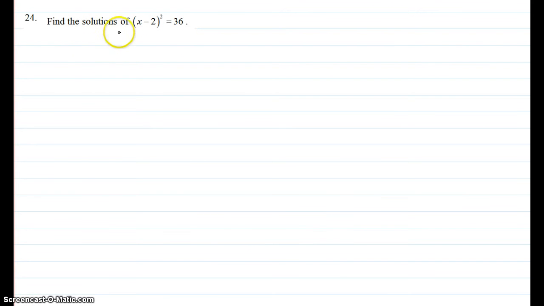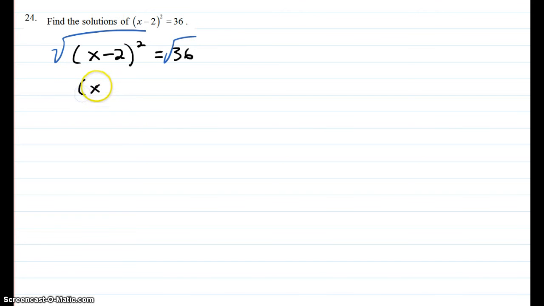Alright, for 24, find the solutions. So we have x minus 2 squared equals 36. And so what we want to do here is we want to undo that square. So we're going to square root both sides. And so now we have x minus 2 equals, and remember the square root of 36 is going to give us a positive 6, but also a negative 6.